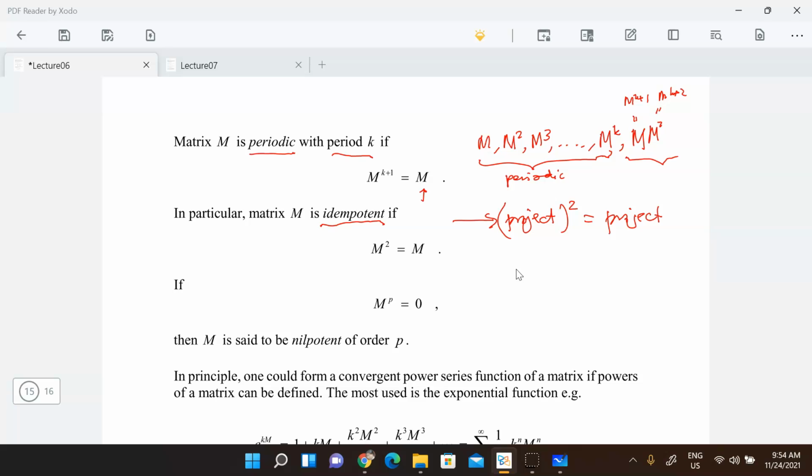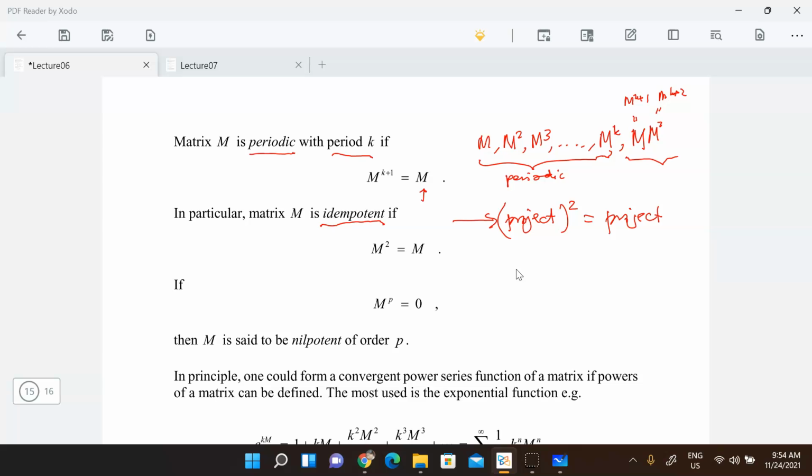Since it's already inside that particular direction, when you project the second time, it's still inside that same direction. So this idempotent matrix has a similarity with the idea of projection.